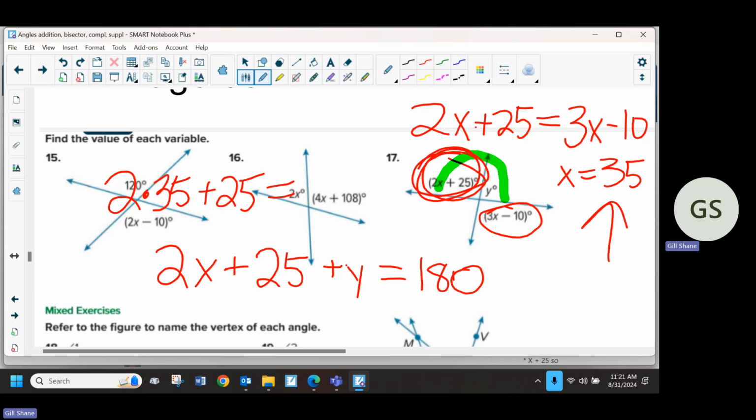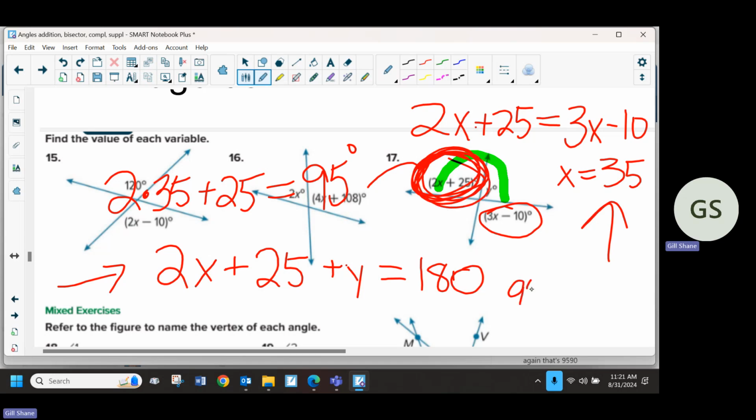So if I do that, 70, 95. The measure of that angle right there is 95 degrees. Or I could have plugged it in down here too, just into this equation and immediately solved. Now, if I know that, 95 degrees. So again, that's 95.